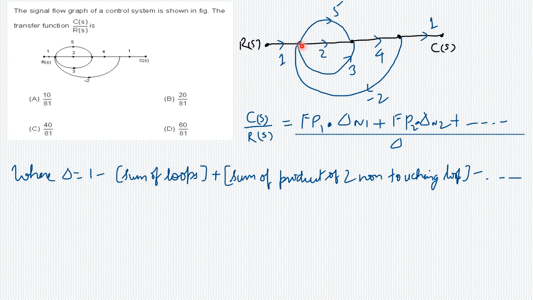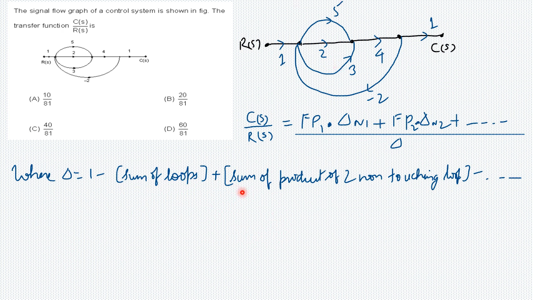There is another loop like this: if I go from 5, 4 and then minus 2, I reach the same point. Similarly, if I take a path from 3, 4 and minus 2, I reach the same point. So these are the loops, and the sum of loops is the sum of such loops.